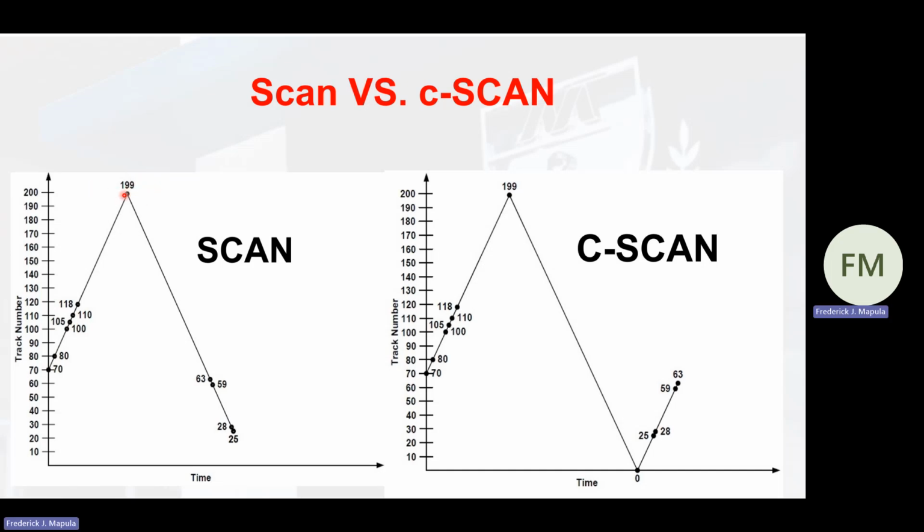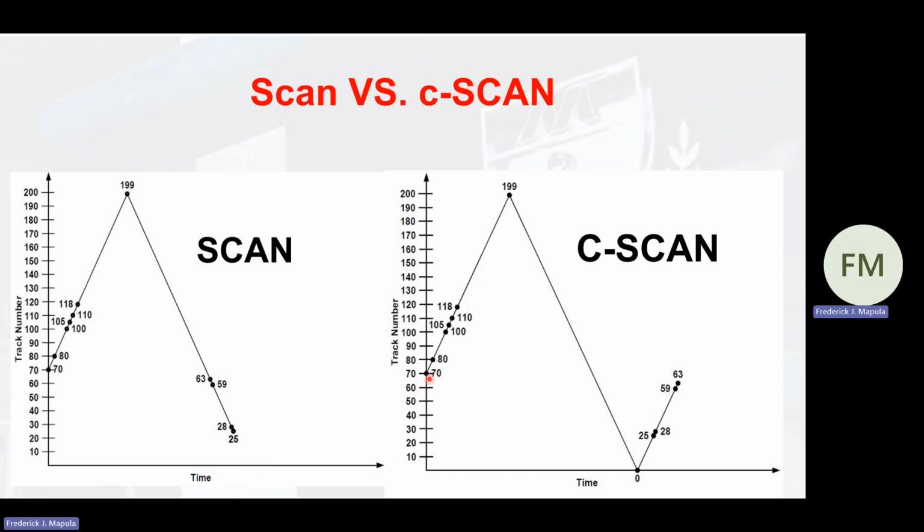And then, this is the difference: SCAN goes down towards the outermost, which is zero. It services requests while going towards the outermost, but it doesn't reach the outermost.